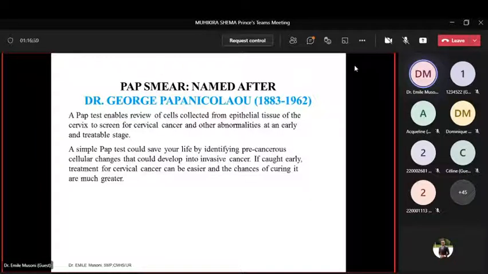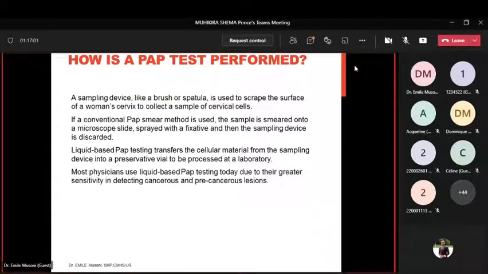With regular screening of cervical cancer, we can reduce the mortality related to cervical cancer. So this is very important. You must know, as a physician, screening of cervical cancer. It is very, very simple and not expensive.